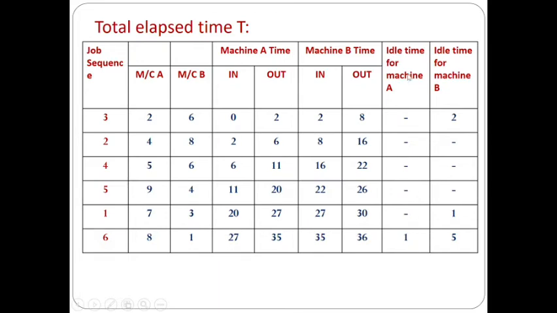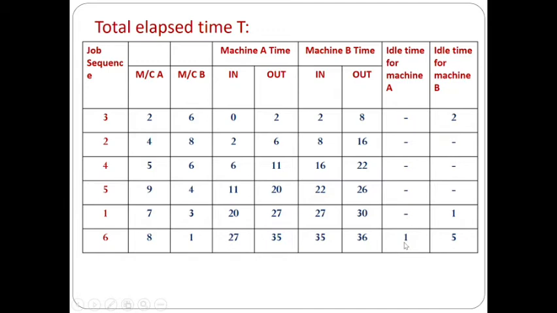That is the idle time of machine A. Here, we calculate this as out time minus in time. This difference is the idle time. So 0, 0, 0, 0, 0 and here it is 36 minus 35, so 1 minute is the idle time of machine A.